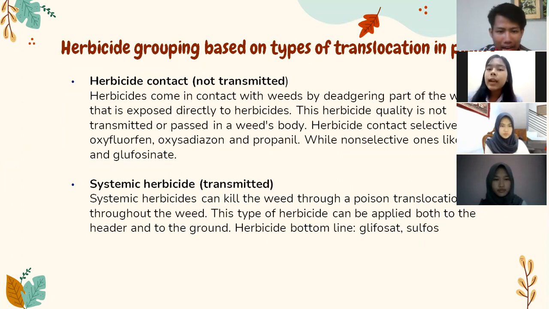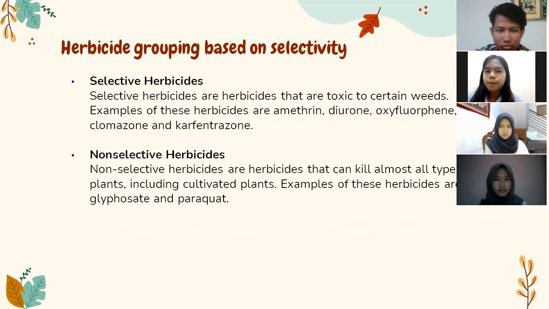And systemic herbicide, or transmitted. Systemic herbicide can kill the weed through poison translocation throughout the weed. This type of herbicide can be applied both to the leaves or to the ground. Examples are glyphosate and sulfosate.